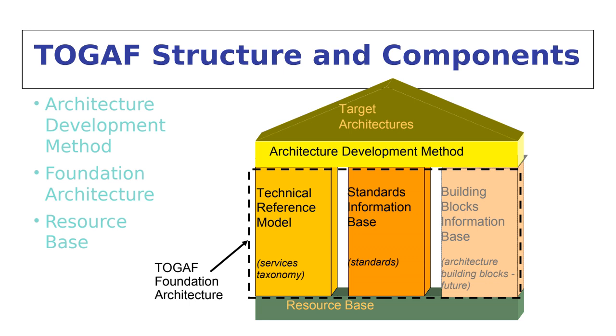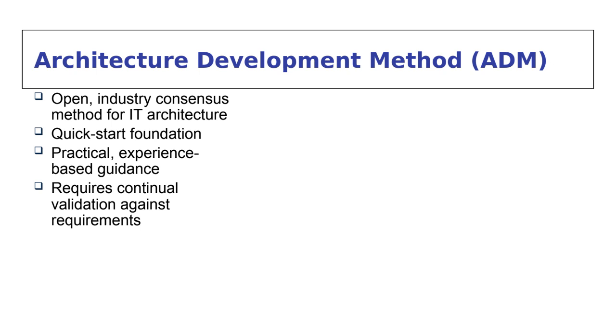This is how it is built. You have the resource base, your foundation. On top of it is the foundation architecture. Then you have the architecture development method. Any questions? No? Okay. Now let's talk about each one.